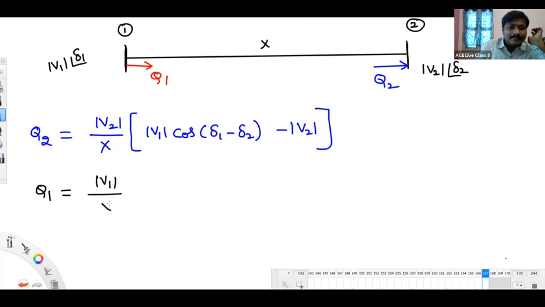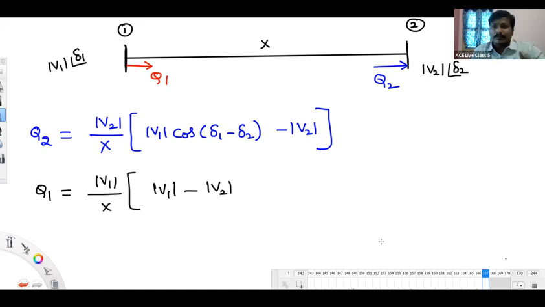V1 by X. Bus 1 I am standing, so I have to write V1 by X. Direction of reactive power: which bus to which bus am I showing here? 1 to 2, not 2 to 1. Just check the direction. 1 to 2 means V1 minus V2. 1 to 2 means 1 minus 2.